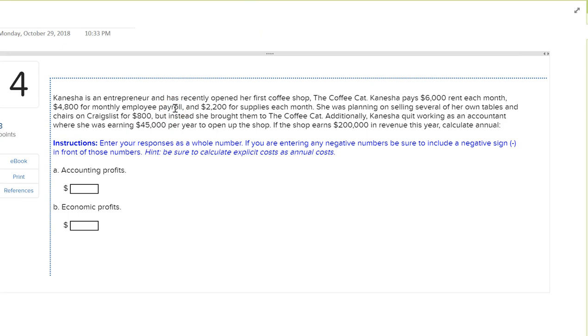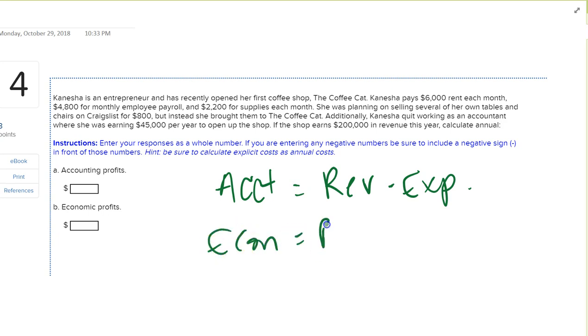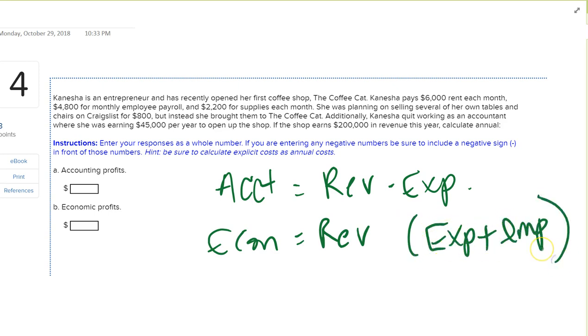Number 4, you've seen before. Kanisha is an entrepreneur, and it just asks you to recognize her accounting and economic profits. And as a reminder, because I know you already know this, accounting profit is revenue minus explicit costs, those things that you get a receipt for, and economic profit is revenue minus all costs, so explicit and implicit, which are those opportunity costs we look at.